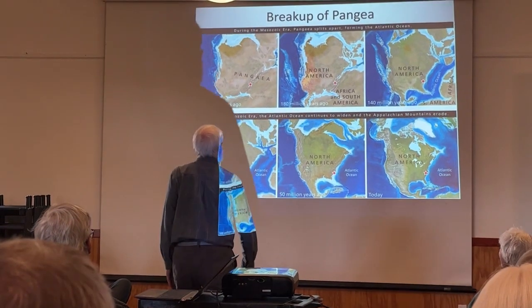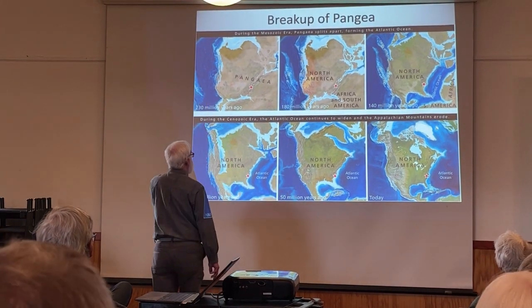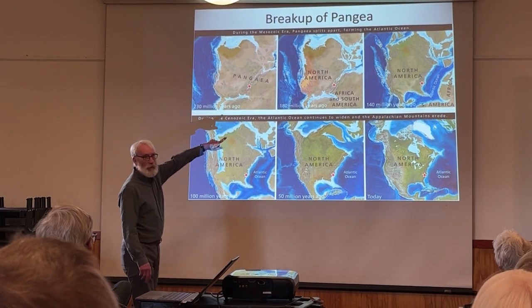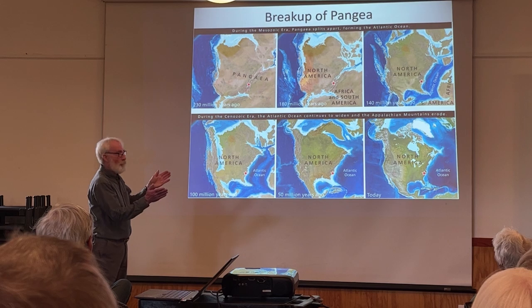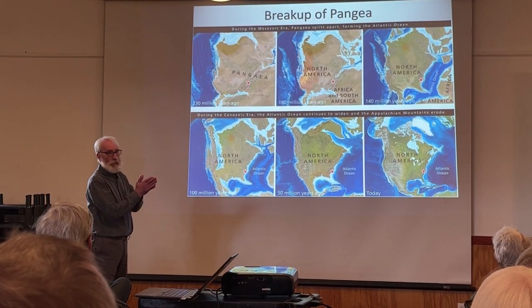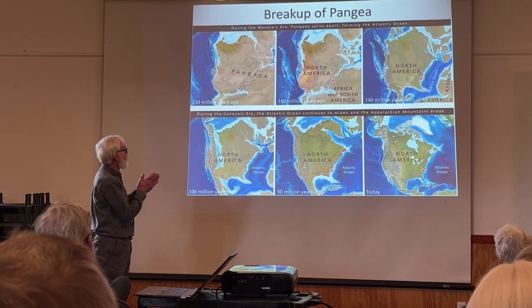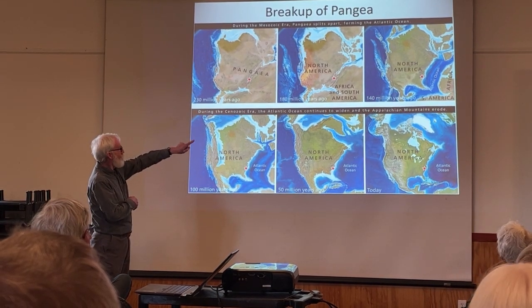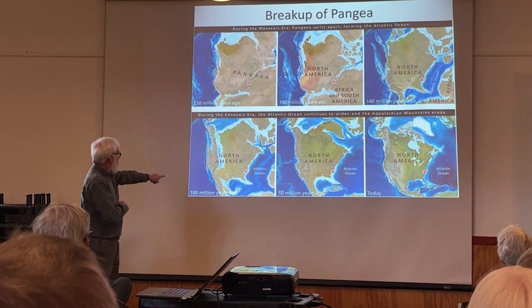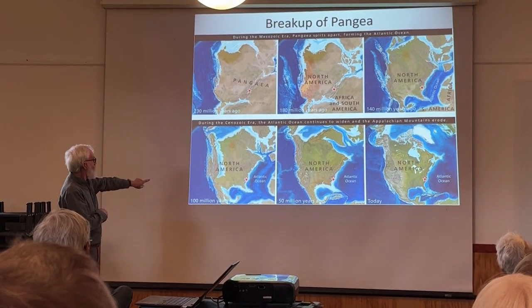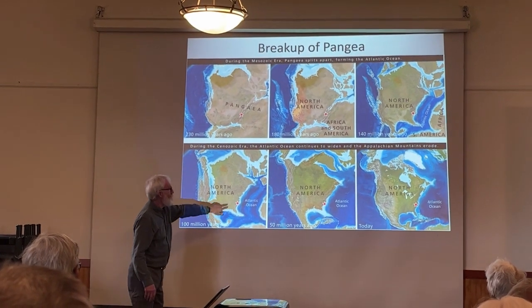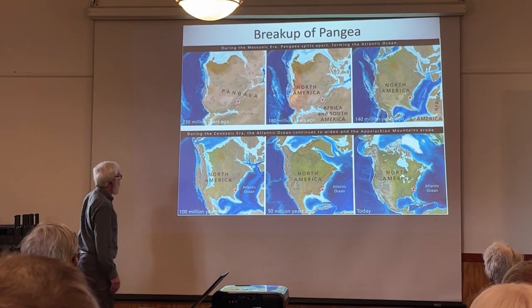So about 300 or 200 million years ago, a little bit less, see North and South America and that star, that's when the Atlantic started to form. Eurasia and North America were right next to each other before that. But 140 million years ago, and then 100 million years ago, you'll see that the Atlantic Ocean is much wider, sequentially in all these pictures.